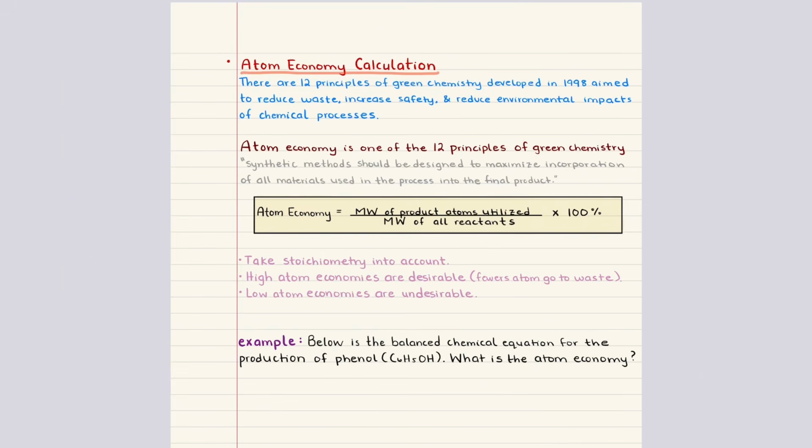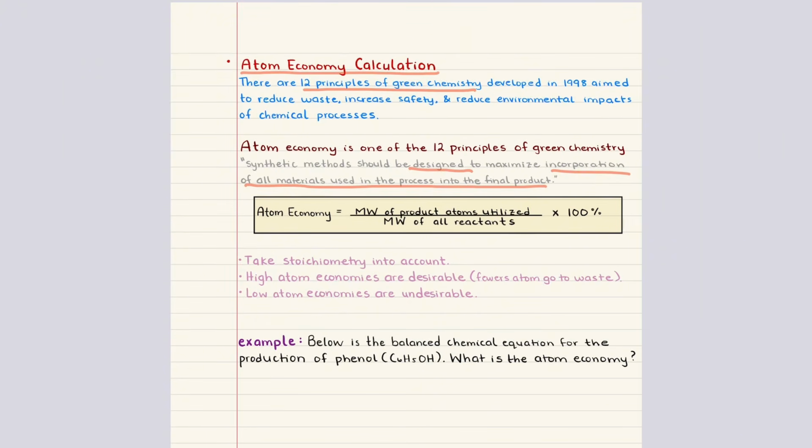This is an entirely different topic, but it's still rooted in sustainability and in efficient chemical design. Atom economy is one of the 12 principles of green chemistry. The core idea is that a good synthetic process should incorporate as many of the atoms from the reactants as possible into the final desired product, rather than letting any of those atoms leave as waste.